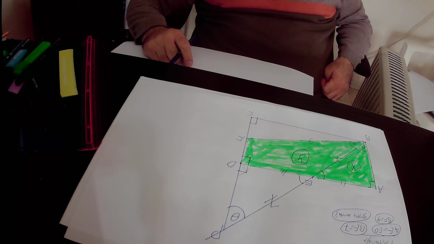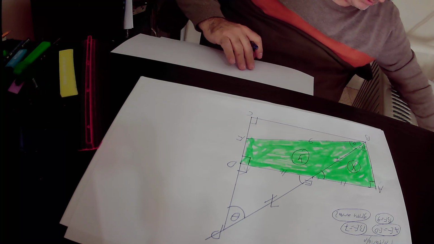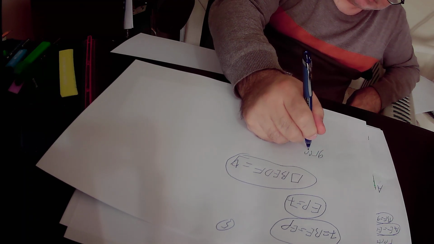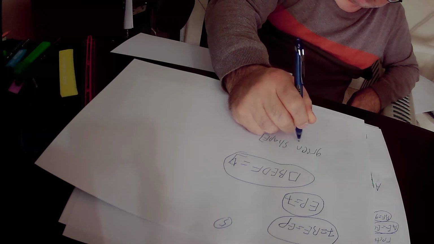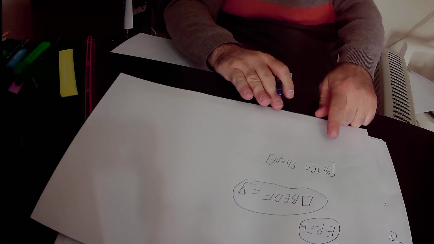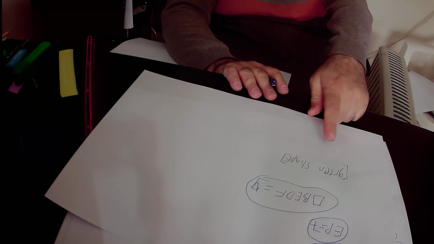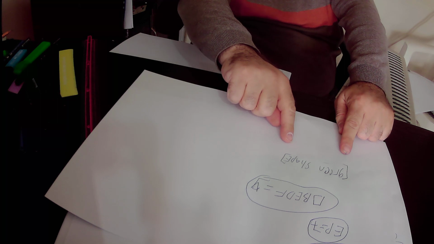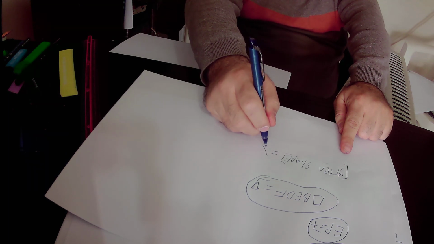So we have to find out the area of the green shape, and the area of the green shape equals X plus Y. This sign, those two brackets, is the sign for the area, so it means the area of the green shape equals X plus Y, according to our definition.